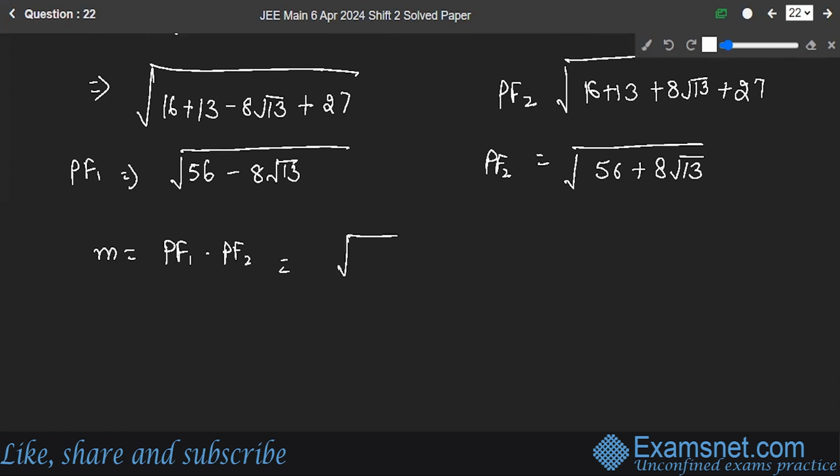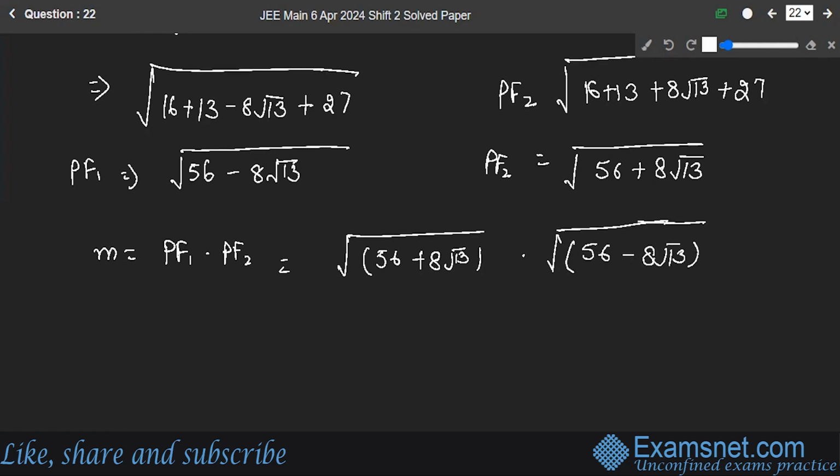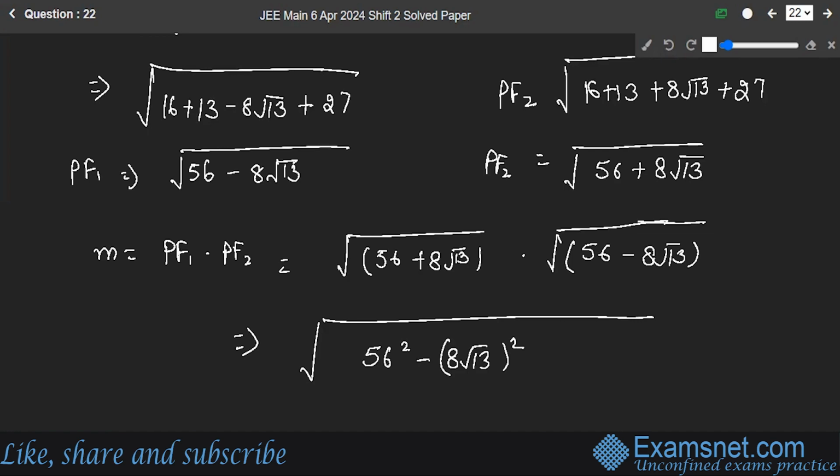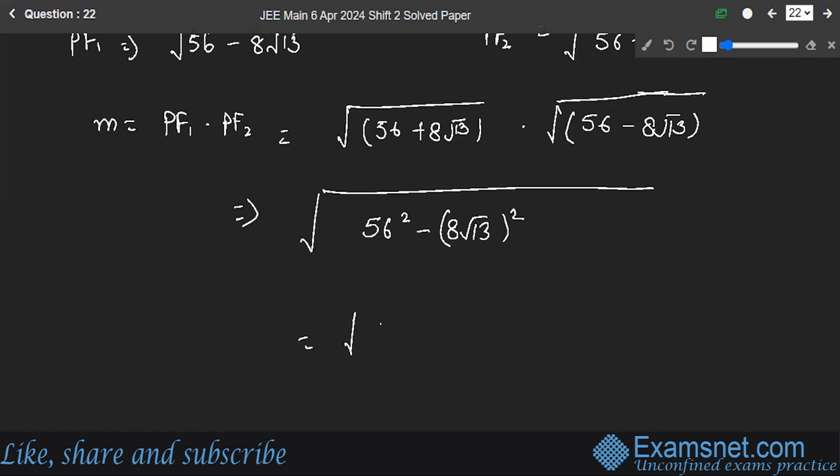So this is equal to root of (56 plus ...) and (56 minus ...). This is equal to root of (a plus b) into (a minus b), which is 56 squared minus this square. On solving this whole equation, you will get root of 2304, which is equal to 48. And this is equal to your m.